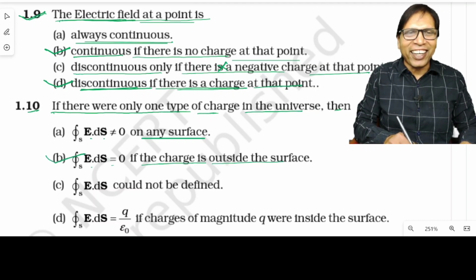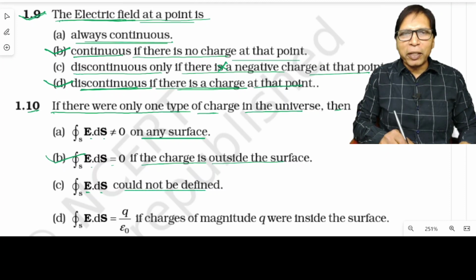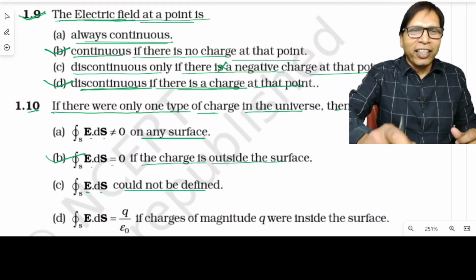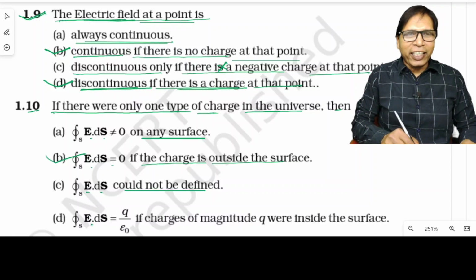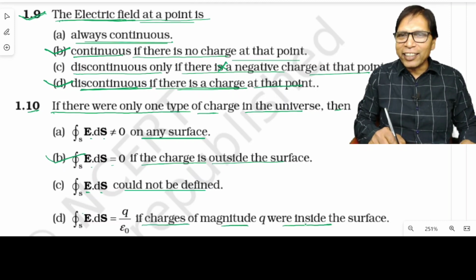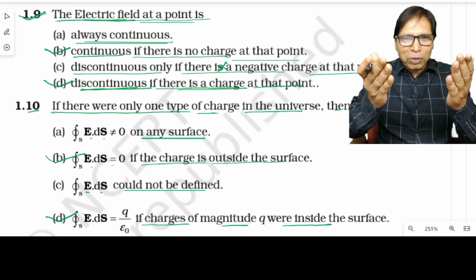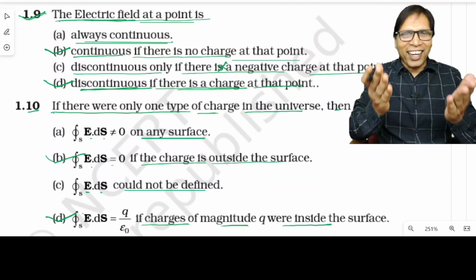This is correct. The surface integral E vector dot dS vector could not be defined? No, it can be defined. And D: the surface integral E vector dot dS vector equals q by epsilon if a charge of magnitude q were inside the surface. So this is also correct. Therefore, options B and D are correct.